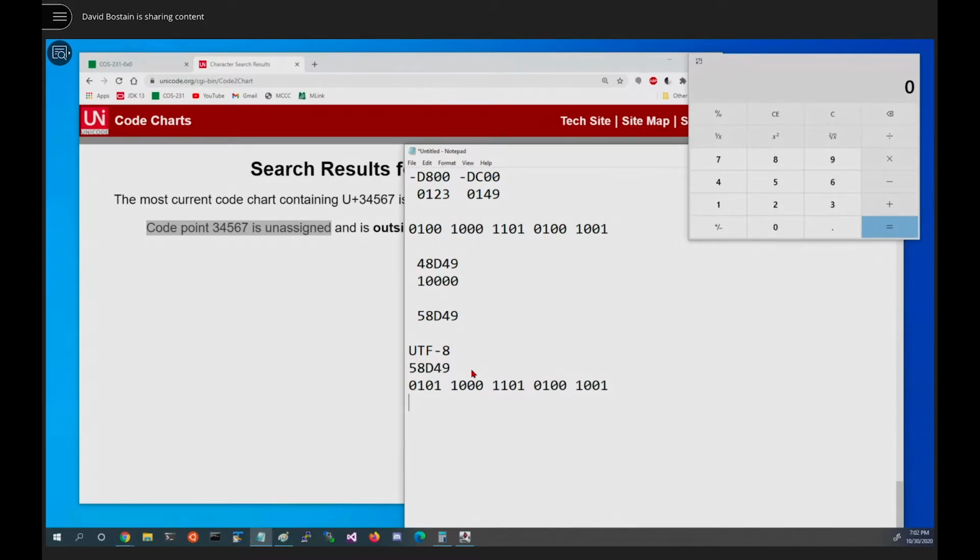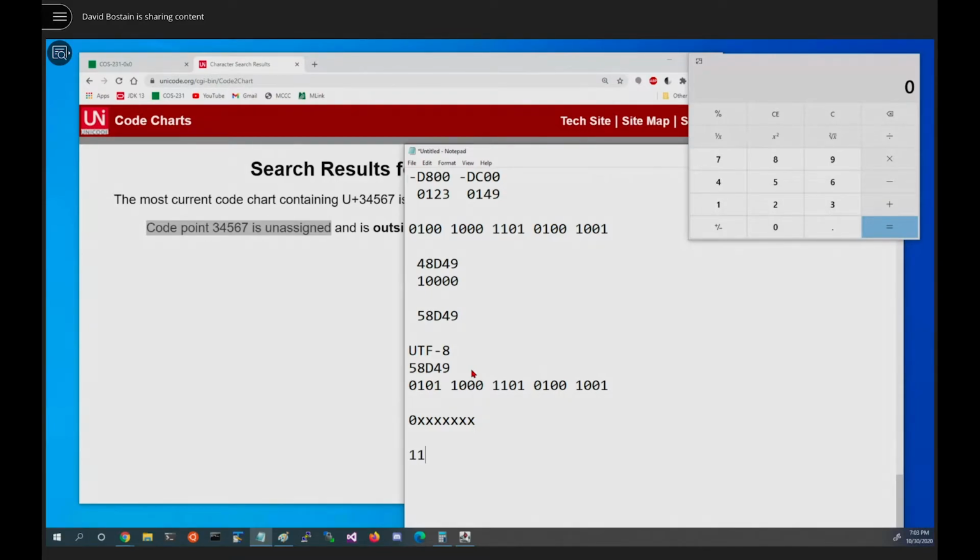So to do UTF-8, remember there are three generic types. If you have an X, 0 and 7 bits, basically that's how you store ASCII characters in UTF-8.